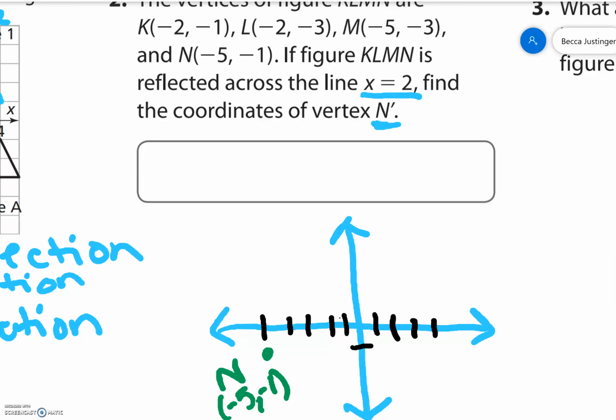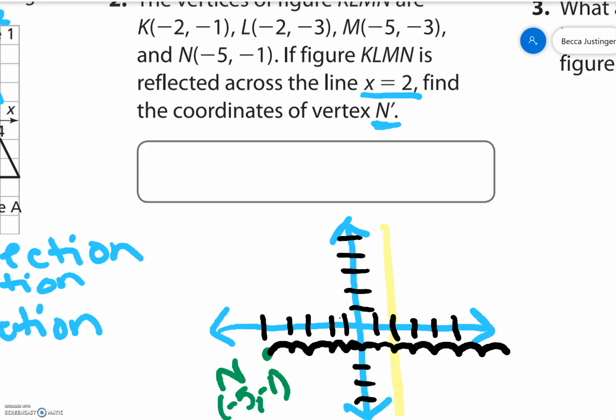Remember, the line x equals 2 is where it intersects the x-axis at 2. So that line is here. So I want to count how many spaces N is away from that. So it goes 1, 2, 3, 4, 5, 6, 7. So I need to go 7 to the other direction.